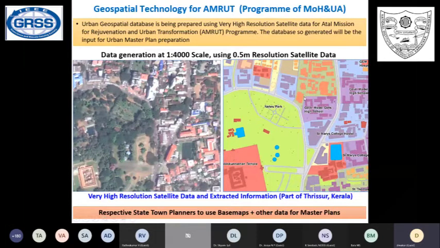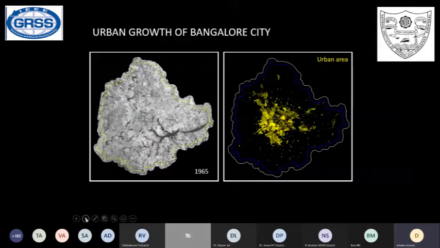So these high resolution maps are being provided from NRSC to urban planners to use on a fast track basis.